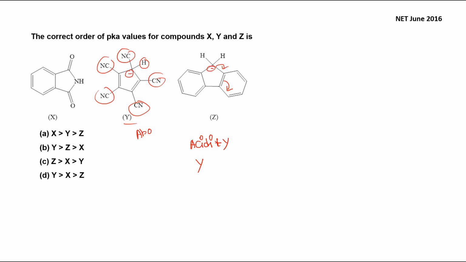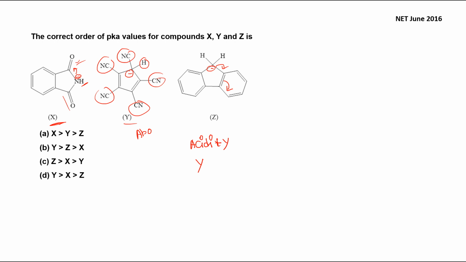So though we are getting an aromatic species because of this negative charge, there is another factor which is hindering the stability, right? Now what about X? In case of X, when there is negative charge after removal of this H, it is stabilized on both sides, right? So that is the reason it is more stable than Z. So Y is maximum acidic, after that it is X, and then it is Z.